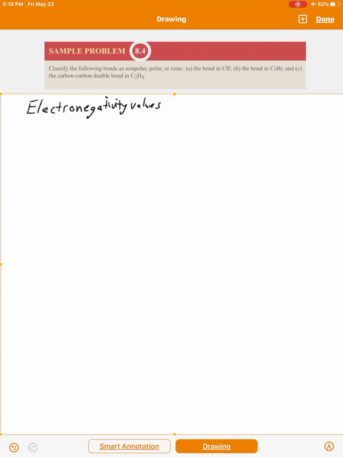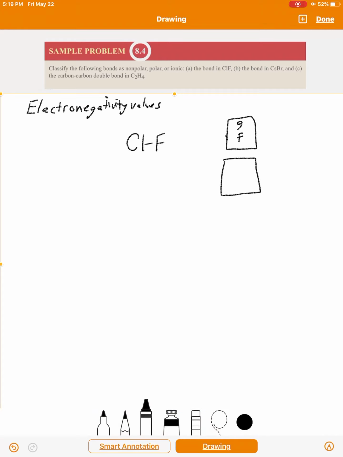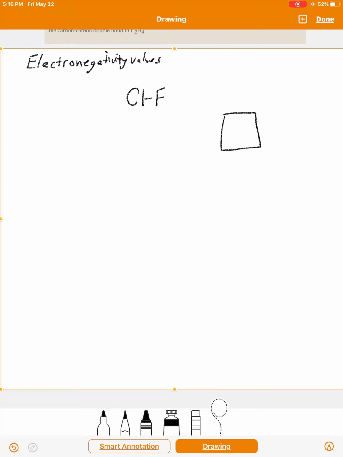Okay, now let's try the first one, ClF. One thing I'm going to point out is that if you look at ClF, there are two elements that are in the same column. Fluorine is element number 9, and chlorine... let me make these boxes a little bigger so that I can fit in the electronegativity values.